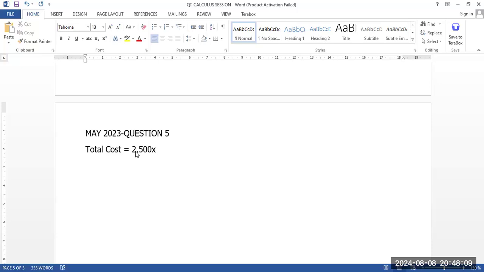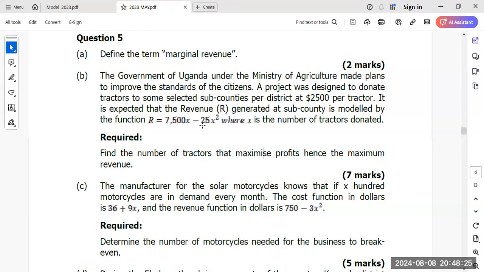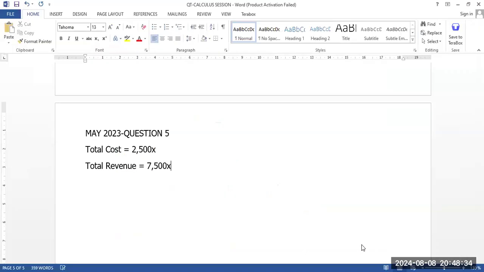This is your overall cost. Then what is total revenue? Total revenue is given, the function is given. It is 7,500x minus 25x squared.